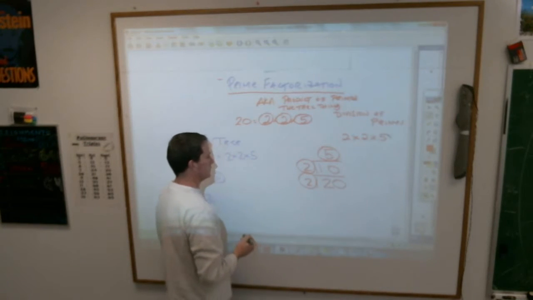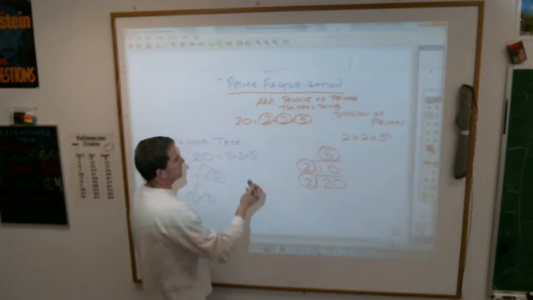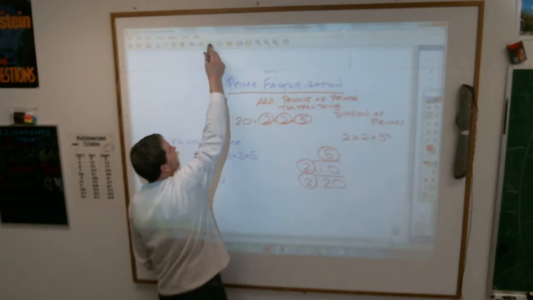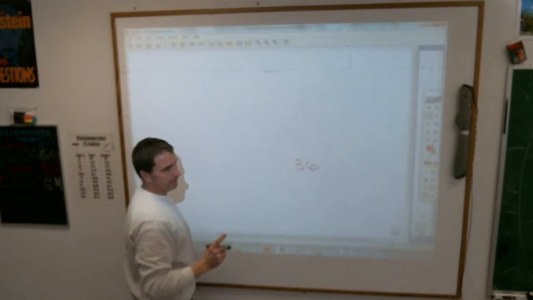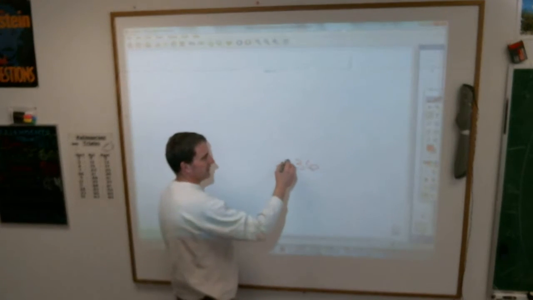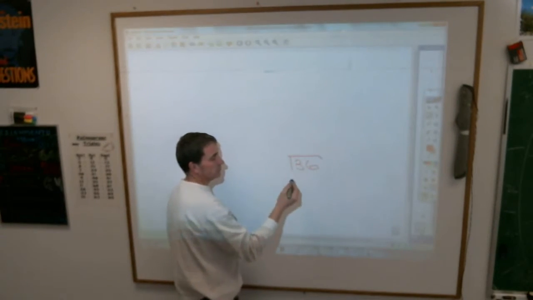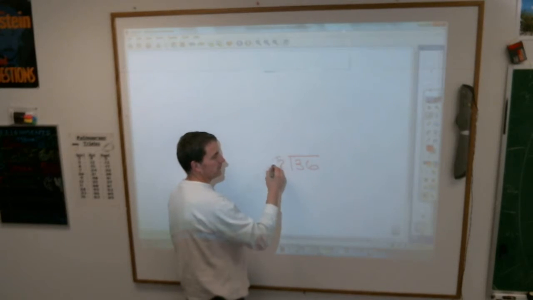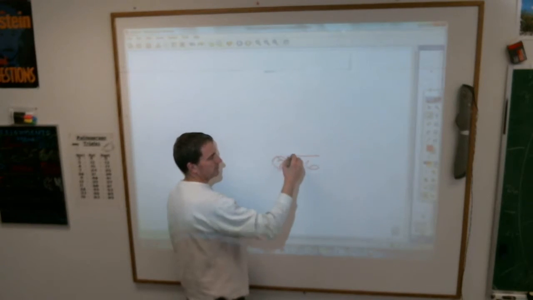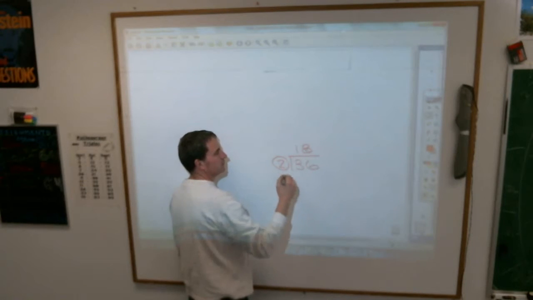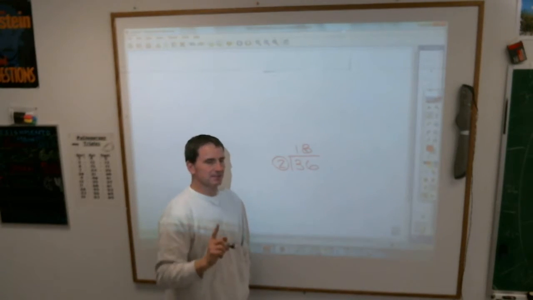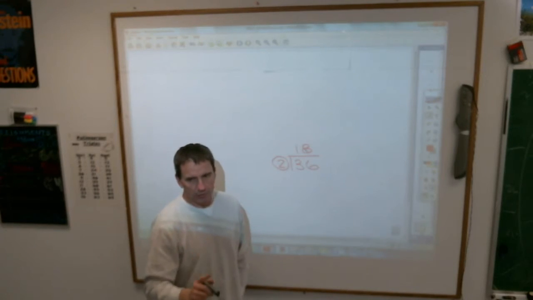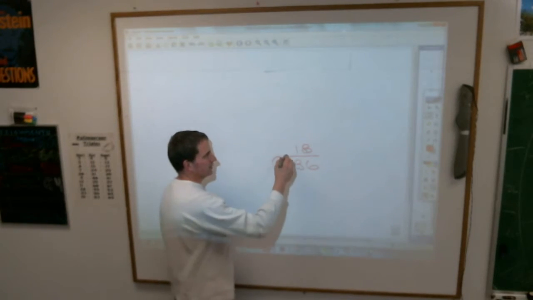We'll do a couple more so you can see this. Let's say I was doing 36. Again, if it's even and you're doing division by primes, I would always do 2. 2 goes into 36 18 times. Please know you cannot say 9. You can't divide 18 by 9 because 9 is not a prime number. You always must divide by a prime number.